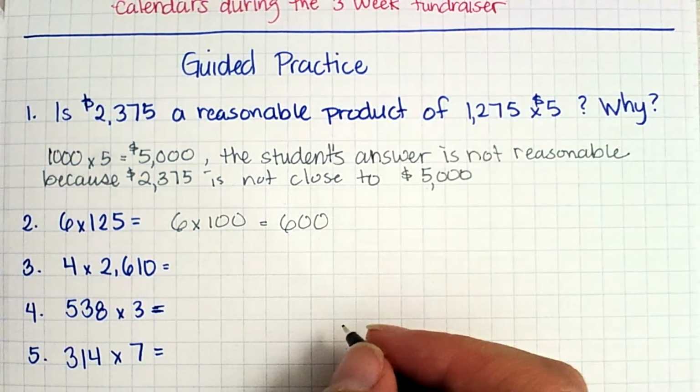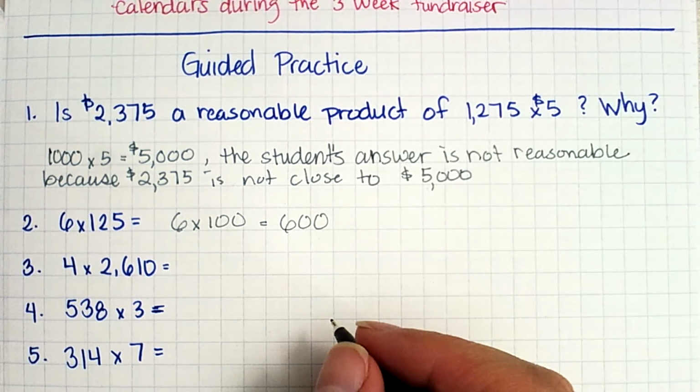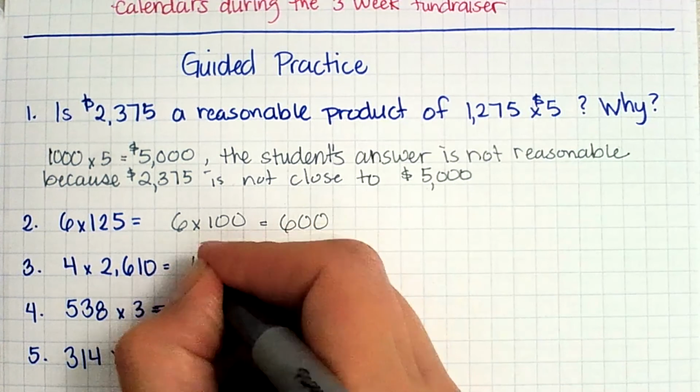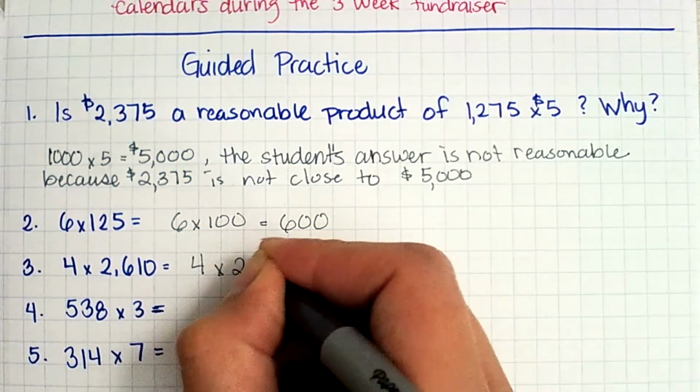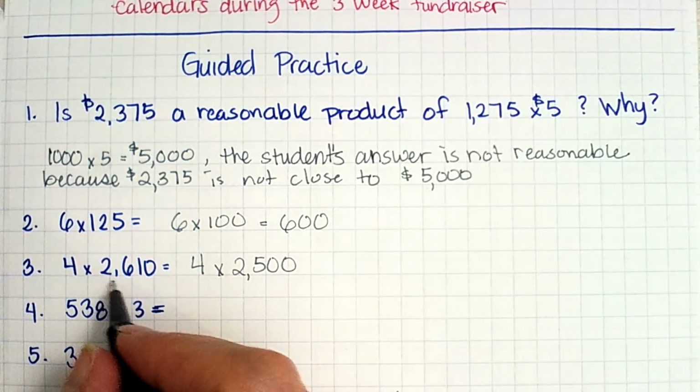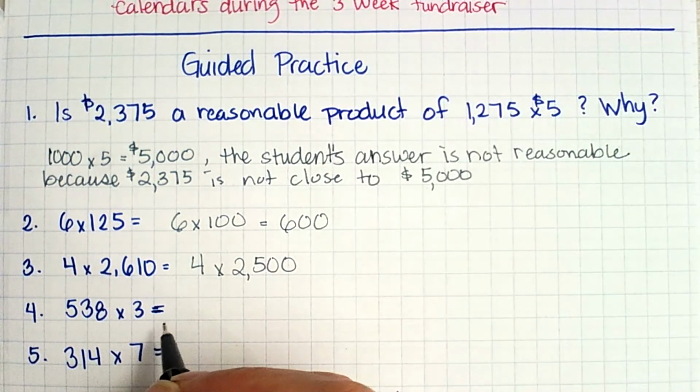For the next one, 4 times 2,610. I can change that to 4 times 2,600, or I can change it to 4 times 2,500, because 2,600 is closer to 2,500 than it is to 3,000.